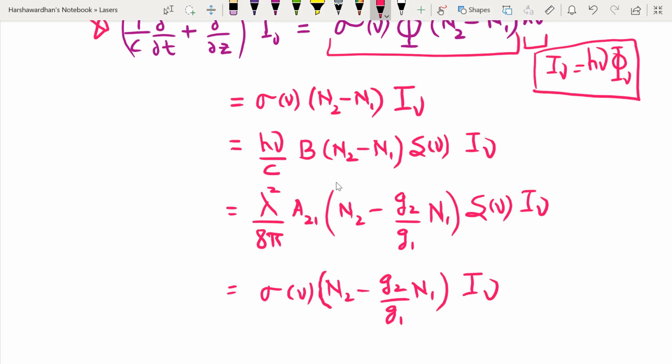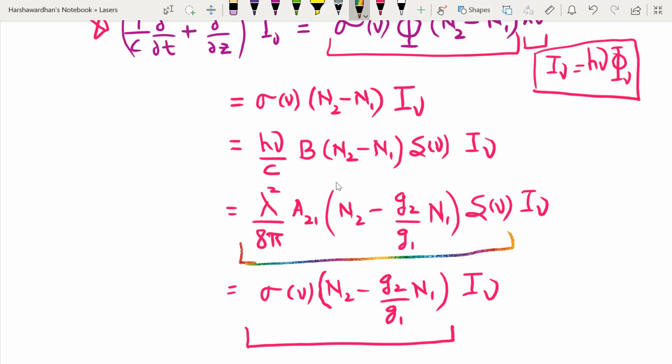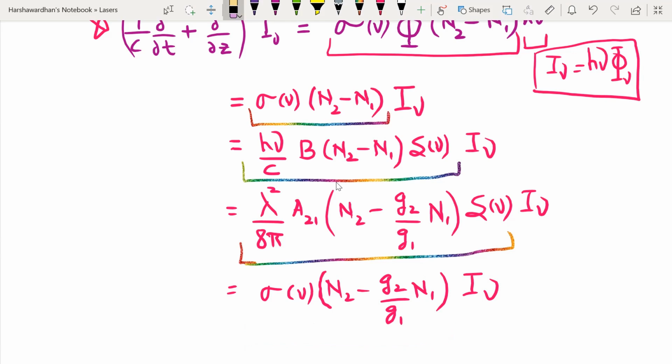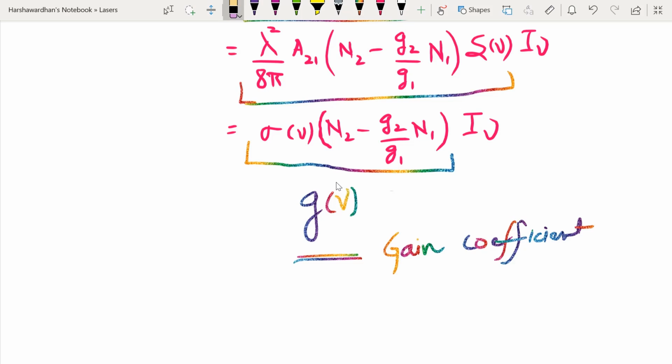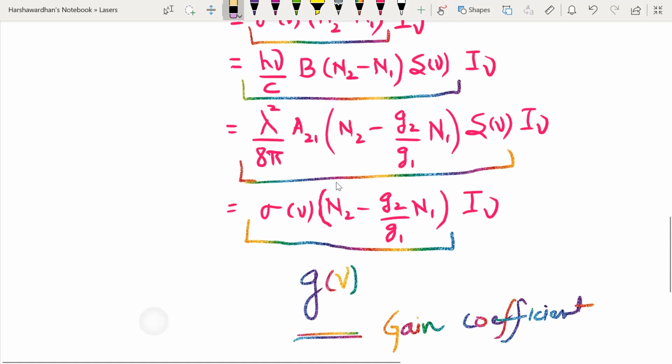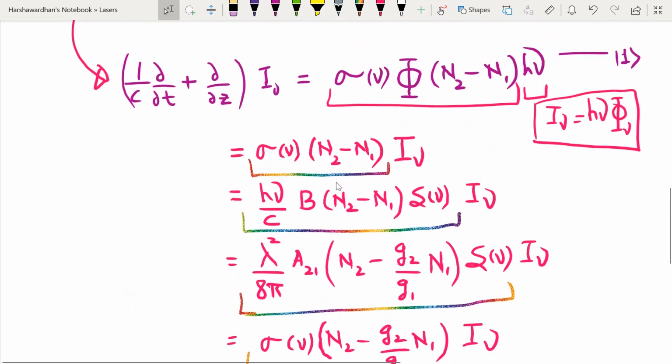This prefactor, let me identify it everywhere. These are all equivalent factors, and all these factors is what I identify as G nu, which I am identifying as a gain coefficient.